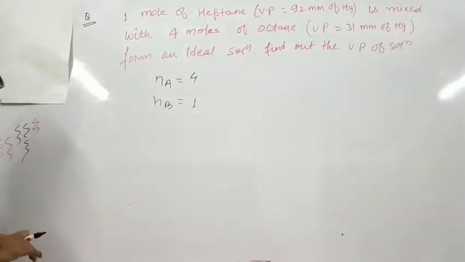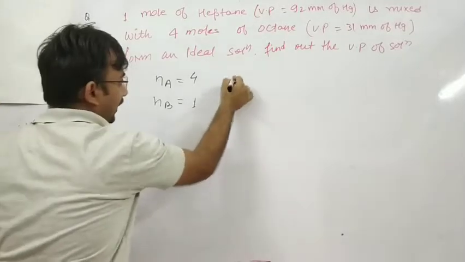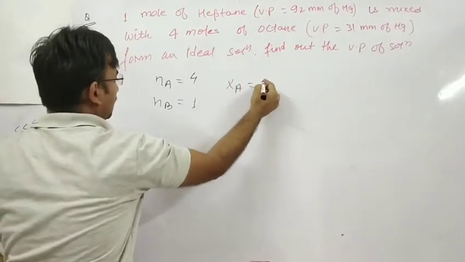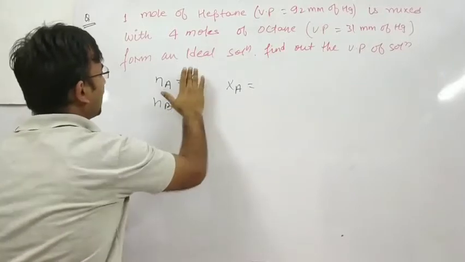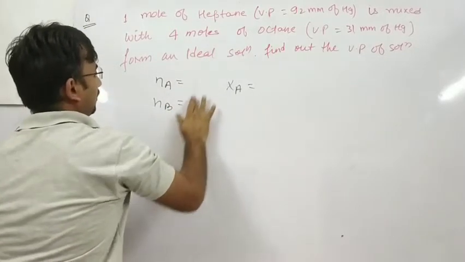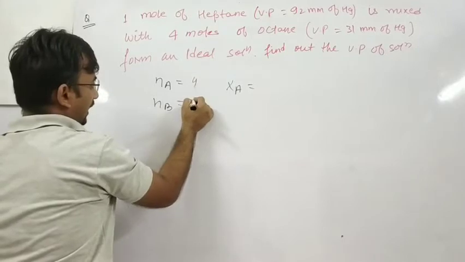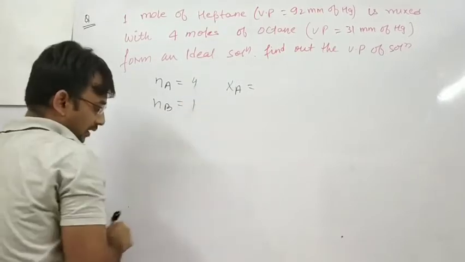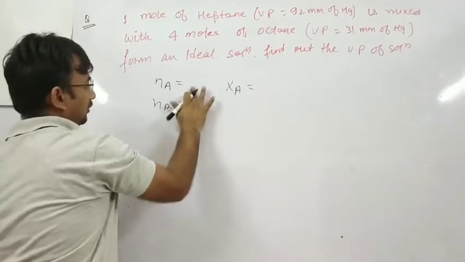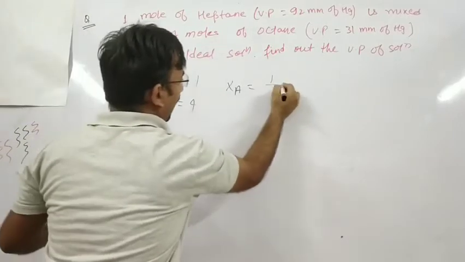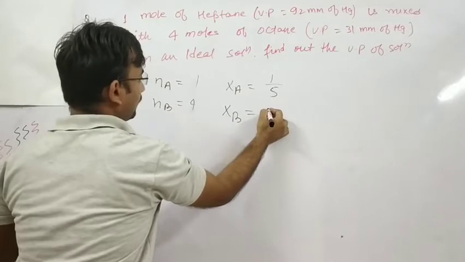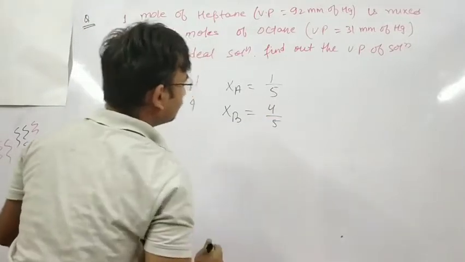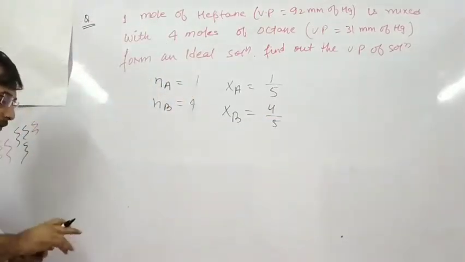So if we try to calculate the mole fraction, mole fraction of A, you can take either, but according to me we should take this as 4 and this as 1. The mole fraction is 1 by 5, mole fraction of B will be equal to 4 by 5. Both are volatile, both we have mixed together.